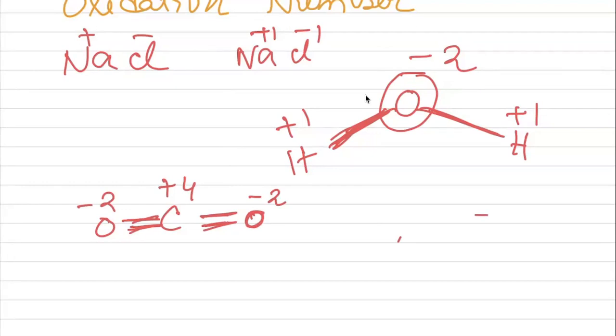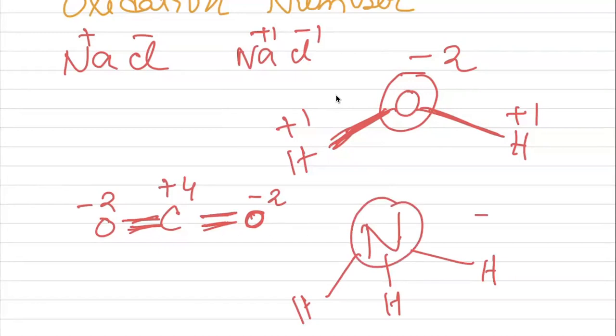If we consider ammonia, this is the structure of ammonia. In ammonia, nitrogen is more electronegative than hydrogen.